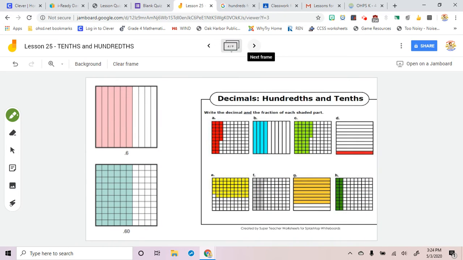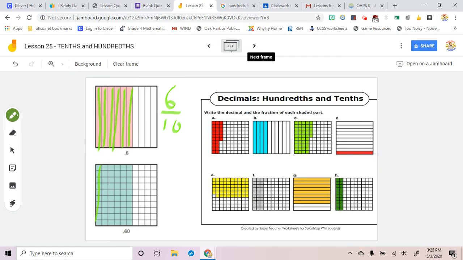All right, so here's some examples of tenths and hundredths. You should have already watched that video where you saw some 10 frames and 100 frames. This one, let's see, there is 10 pieces in it, and 1, 2, 3, 4, 5, 6 of them are shaded in. So it would be 6/10. This one has the same area shaded.